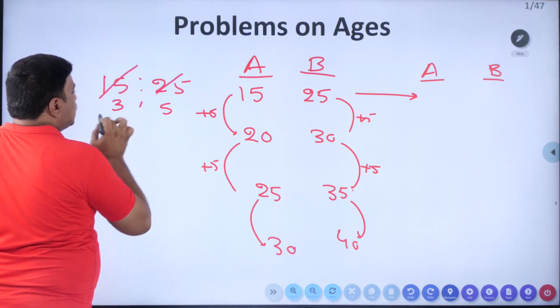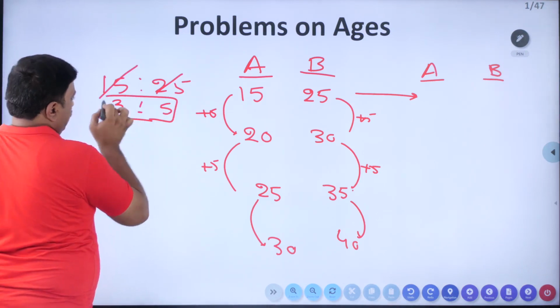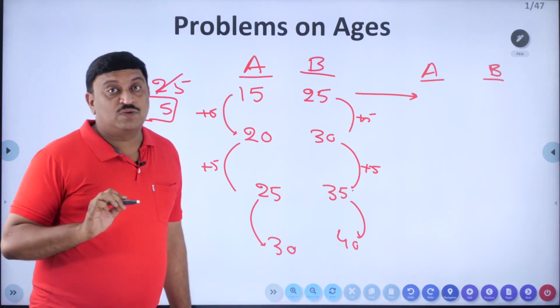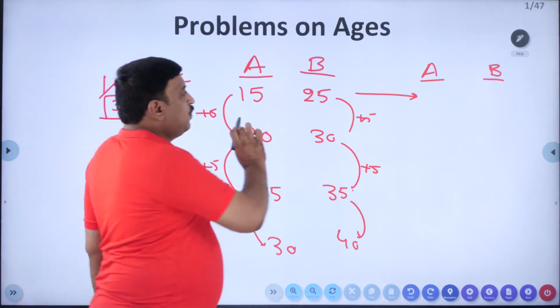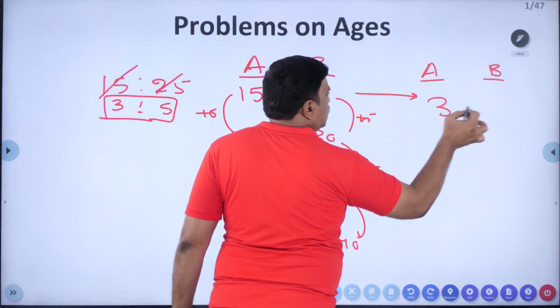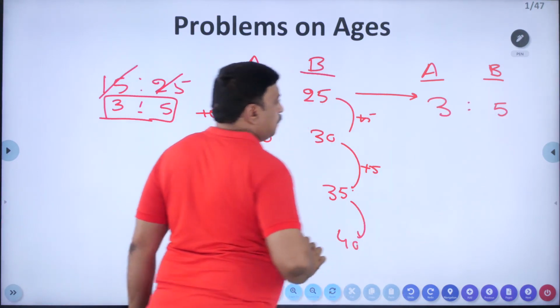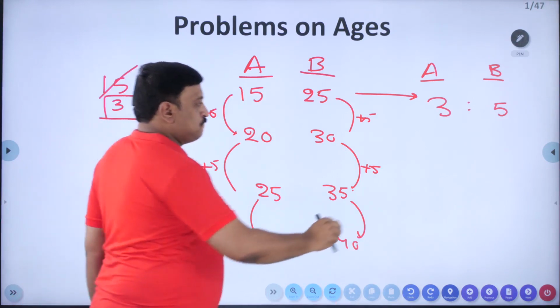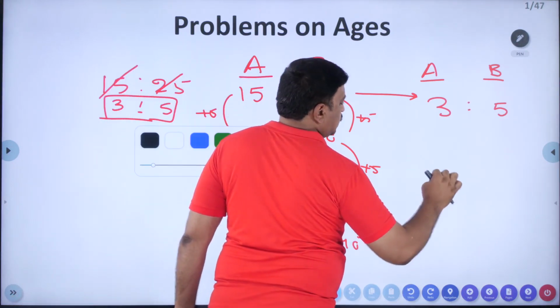So I can say this is nothing but 3 is to 5. So the ratio is 3 is to 5.